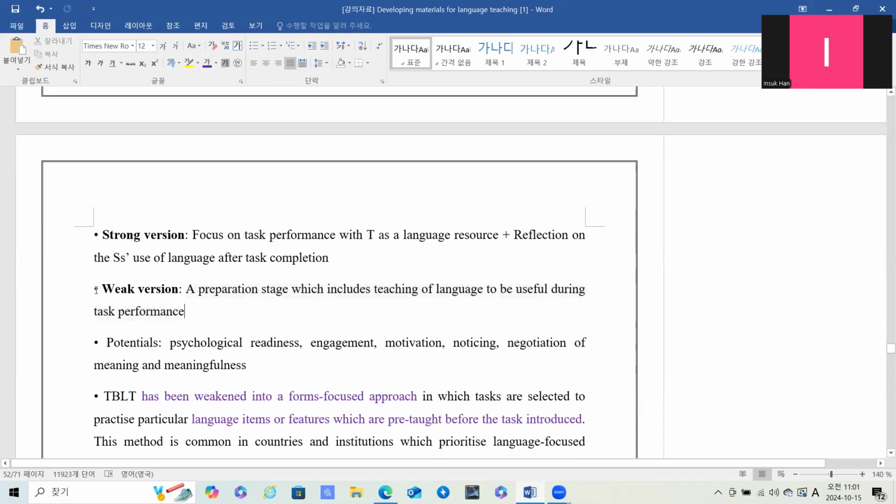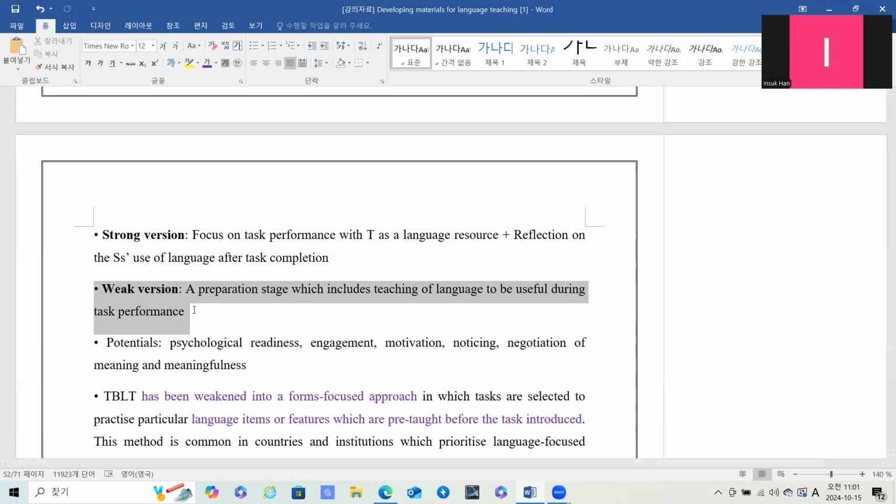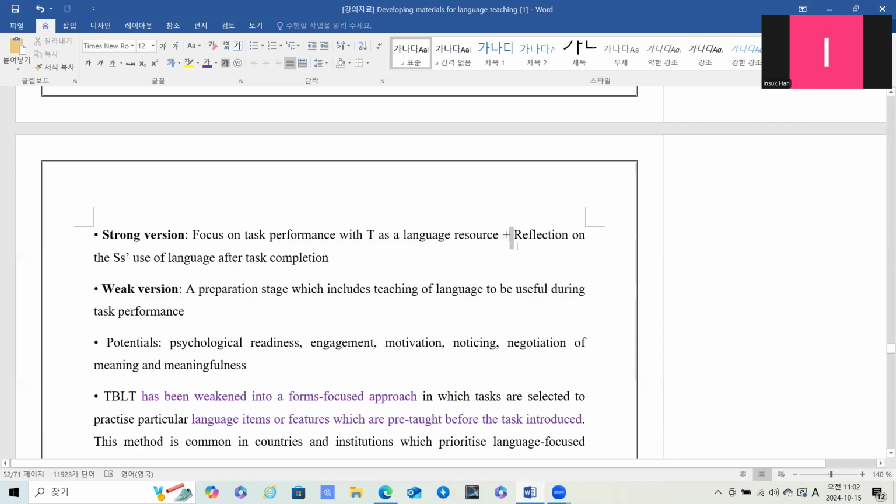I think usually the weak version can be effectively applied in Korea as well as some other EFL countries, because the students need to learn some language expressions or new words in the beginning of the lesson, and after that they can practice what they have learned while they perform their tasks. Plus, reflection on students' used language after task completion can also be added here.